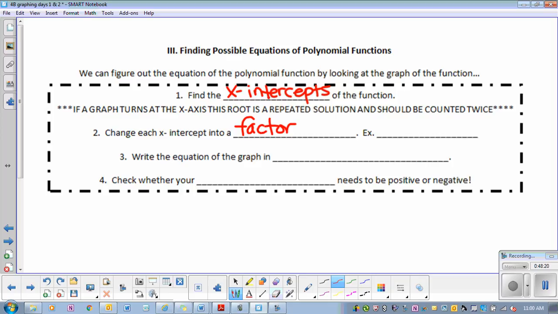For example, if we had x equals 2, because it went through 2, 0, then the factor, remember, you have to have the parentheses and the x inside. It would be like the opposite. What's the opposite of positive 2? x minus 2. You're basically making it equal to 0.